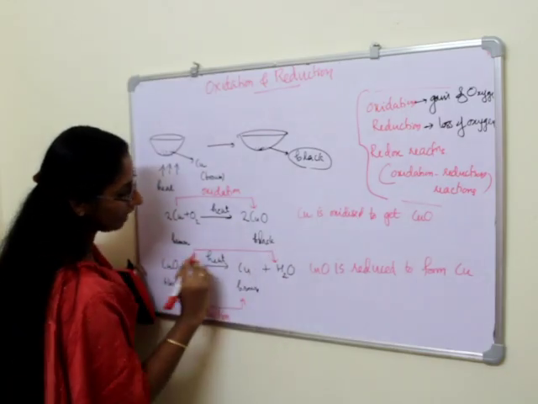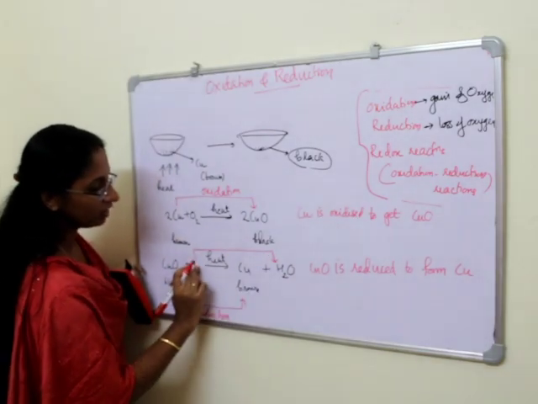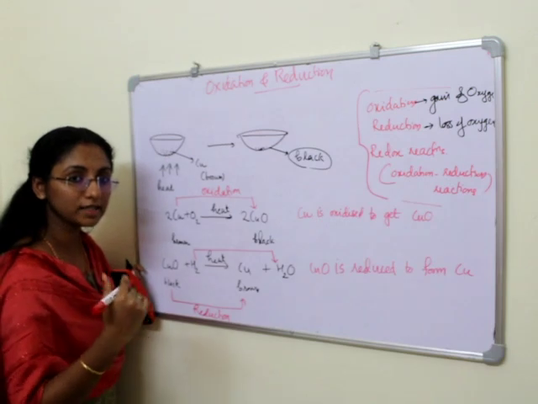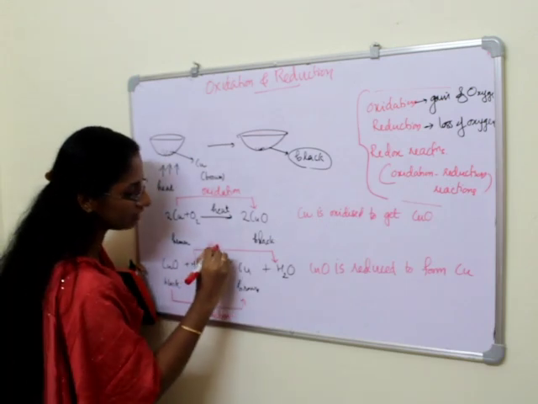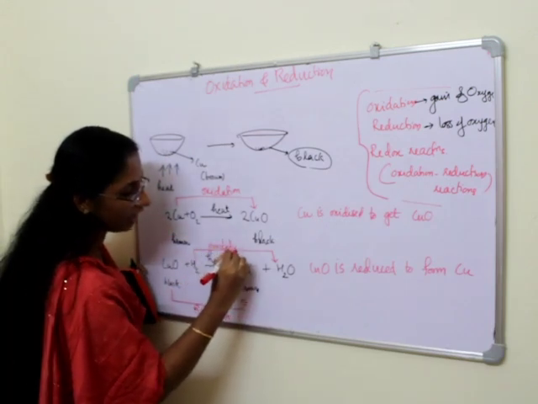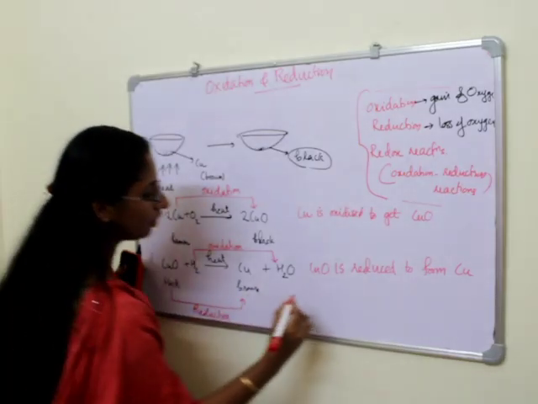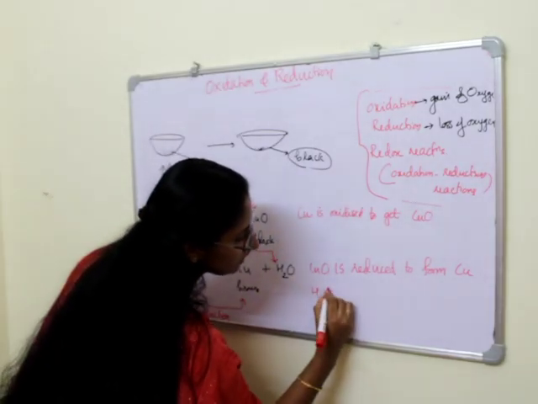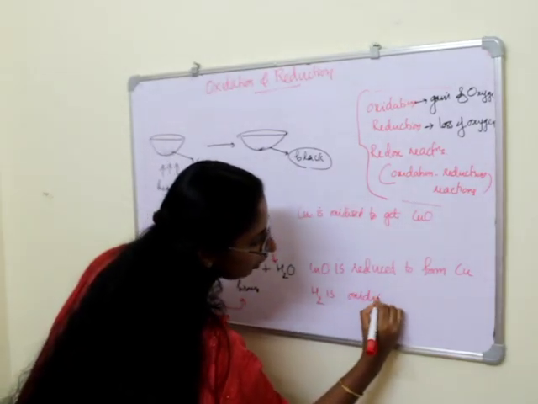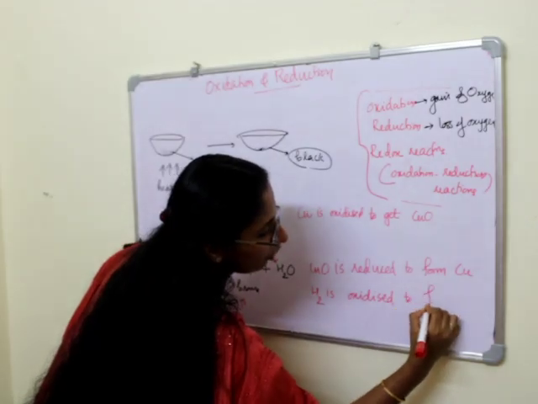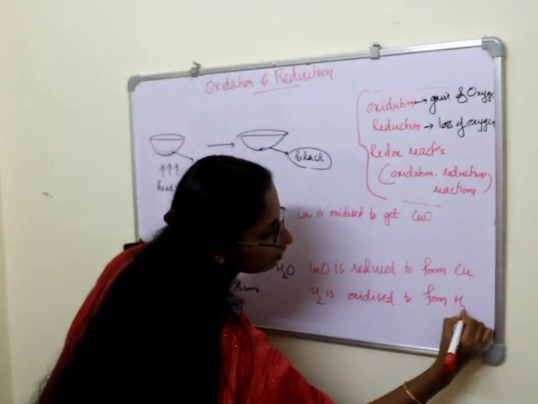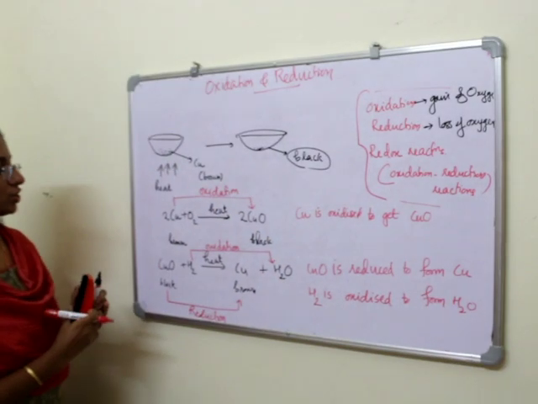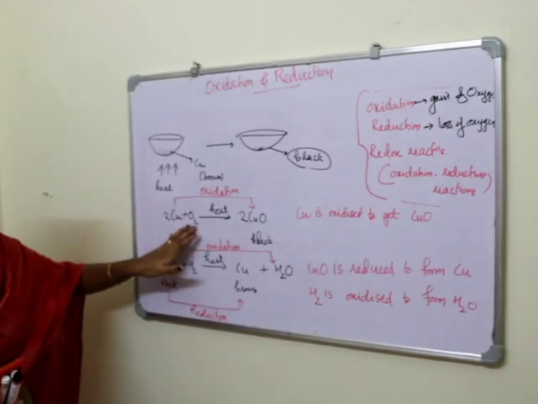When we move from hydrogen to H2O, oxygen is added. So what is happening here? Oxidation. Gain of oxygen, right? So H2 is oxidized to form H2O.